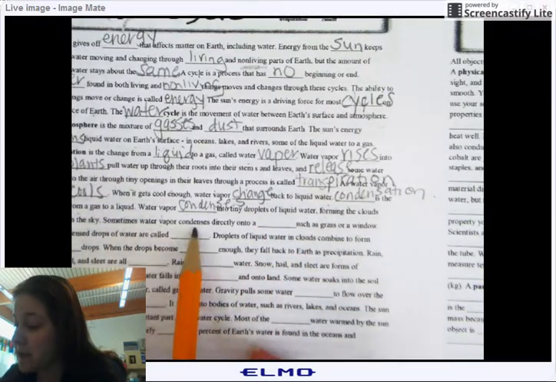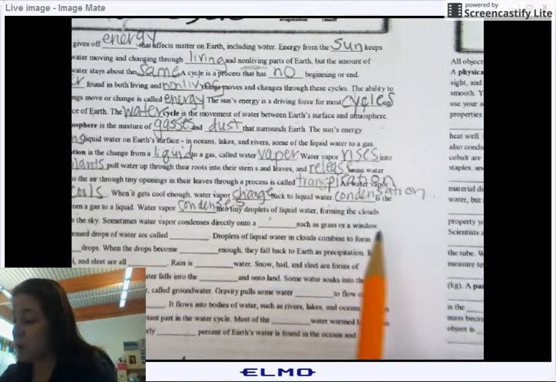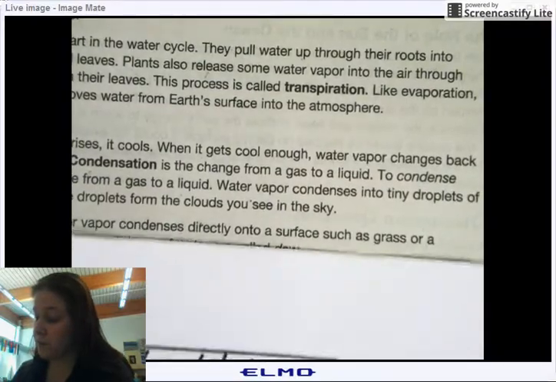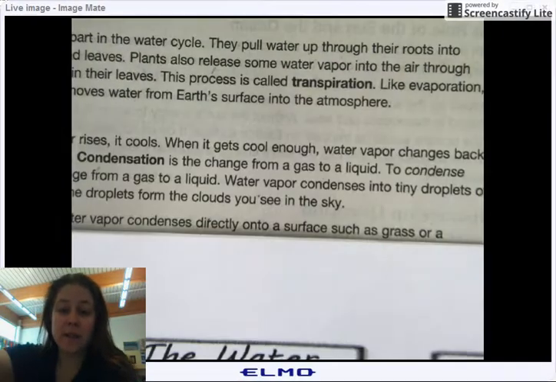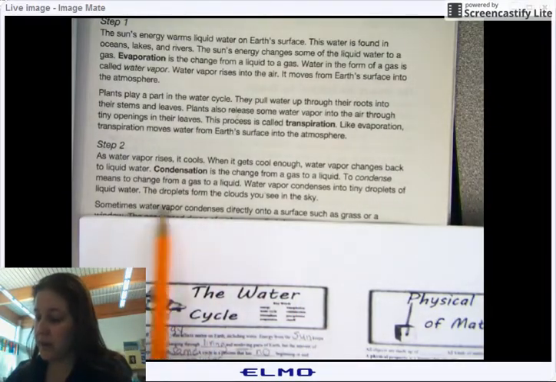Sometimes water vapor condenses directly onto a blank, such as grass or a window. Condenses directly onto the surface. Right here.